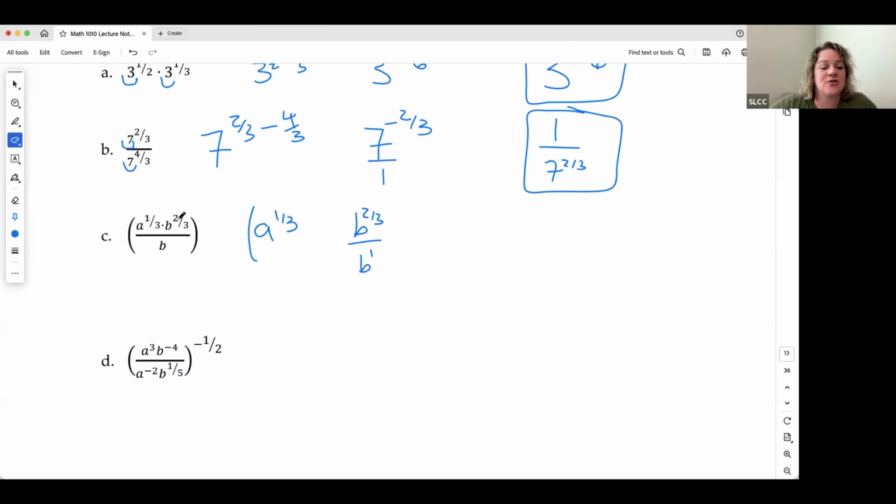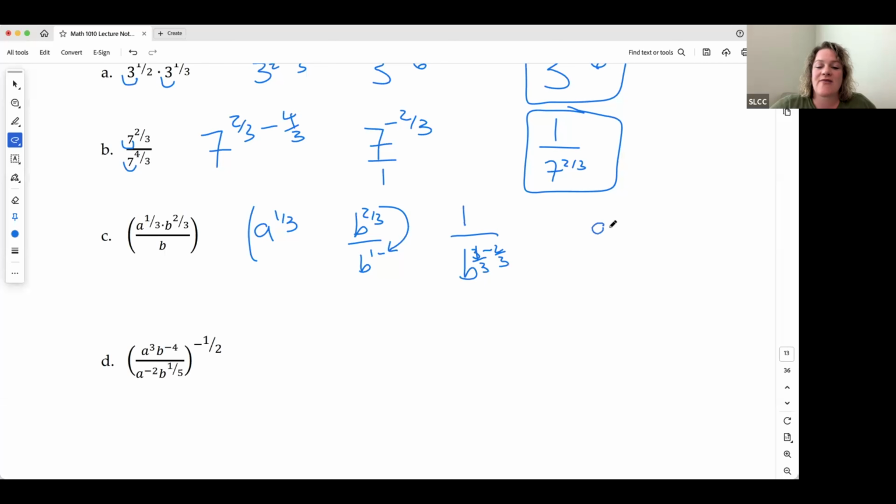So if I'm looking at 2/3 and 1, which value is smaller? 2/3. When I move it down, I change that sign and I subtract the 2/3. So this looks like 1 over b to the 1 minus 2/3. And 1 is 3 over 3, common denominator. So 3 minus 2 is 1.